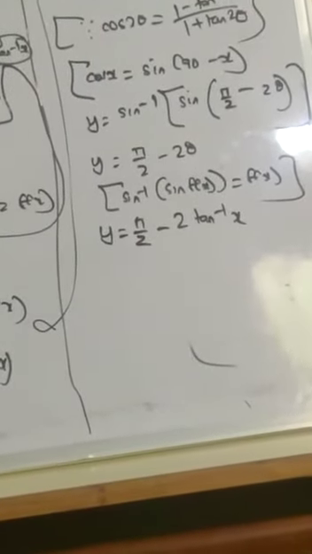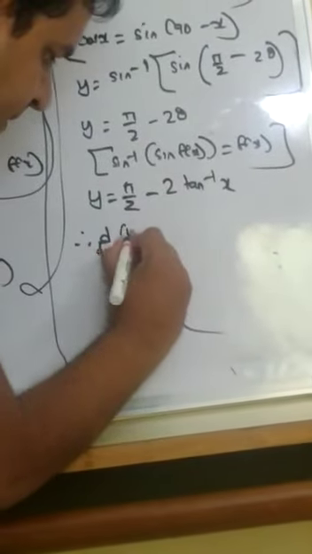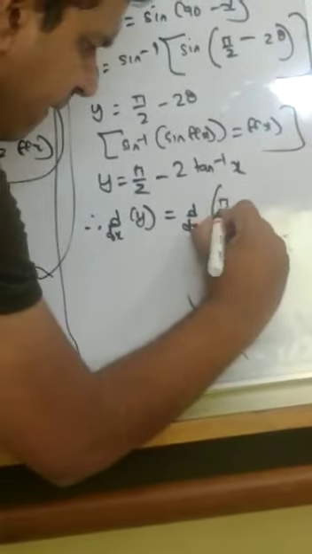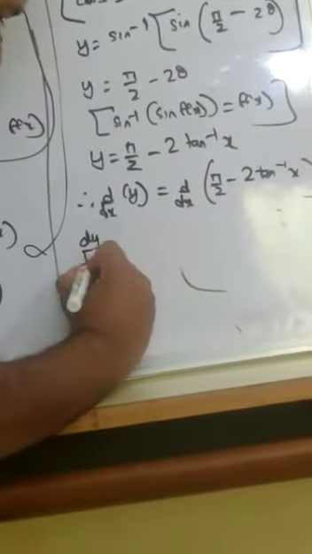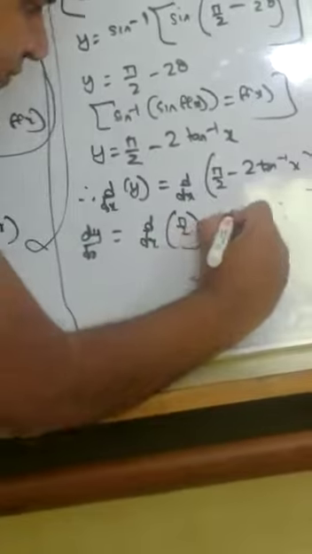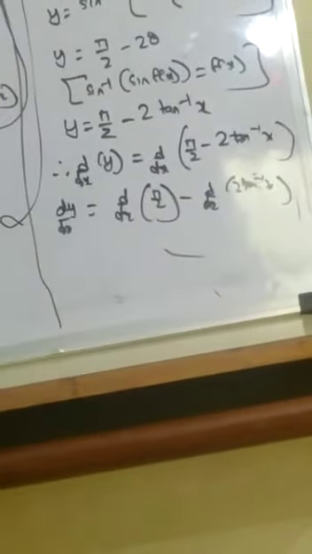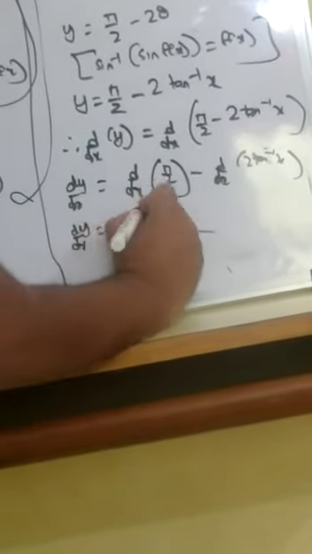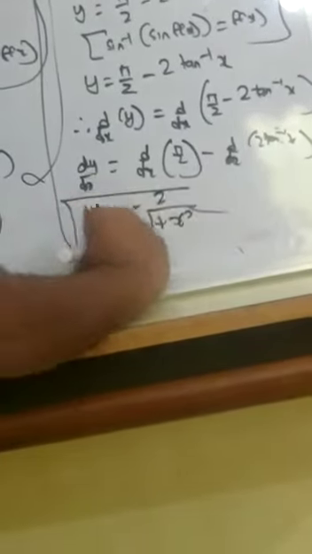Now, am I in a position to differentiate? I absolutely am. dy by dx becomes d by dx of pi by 2 minus d by dx of 2 tan inverse x. dy by dx becomes negative 2 by (1 plus x square).